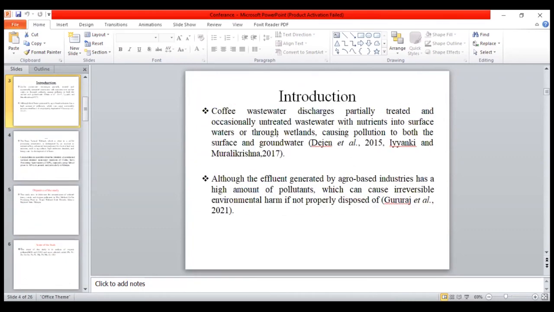Coffee wastewater discharge into the environment can cause pollution to both the environment and surface and groundwater. And this effluent can contain different amounts of pollutants, such as organic pollutants and heavy metals, and these can cause irreversible environmental harm if not properly managed.